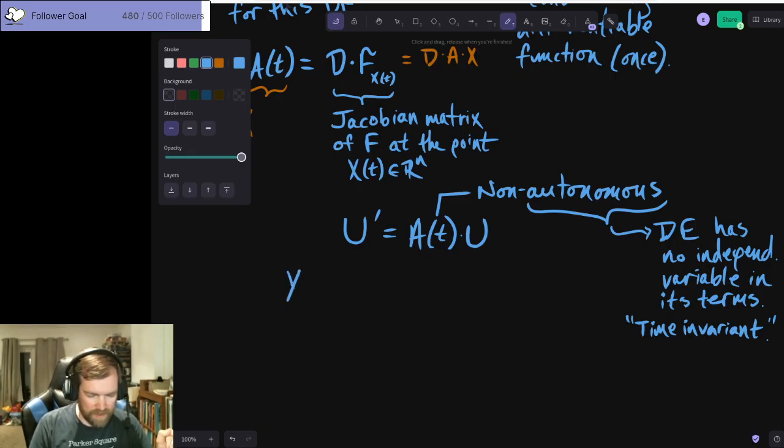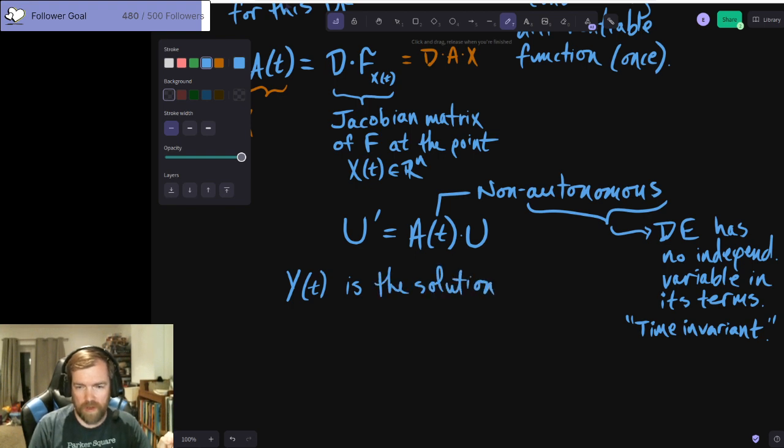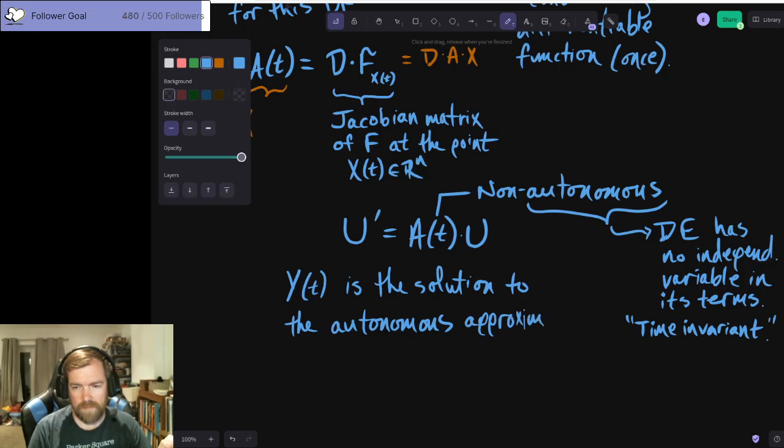So we're going to define the function y of t, which is the solution to the autonomous approximation of x of t.